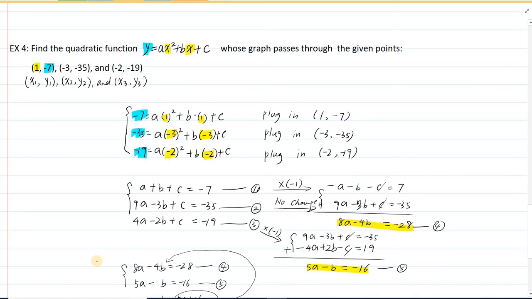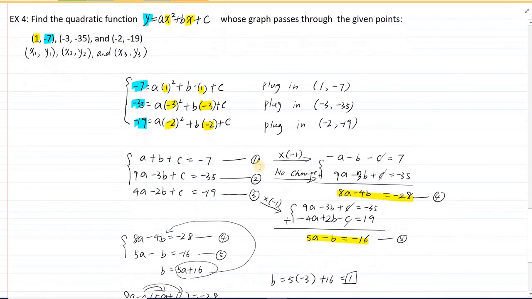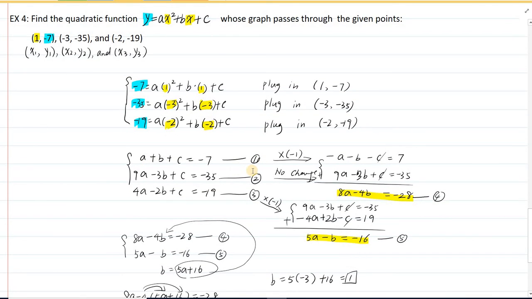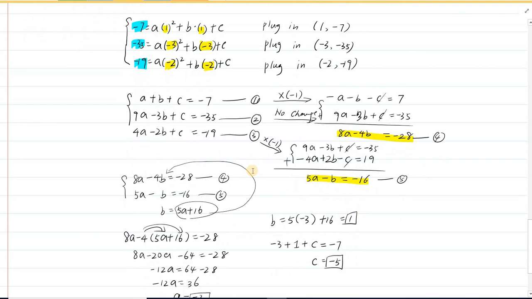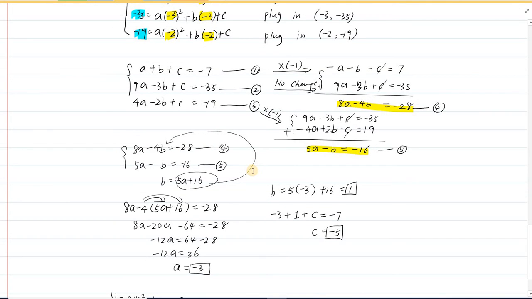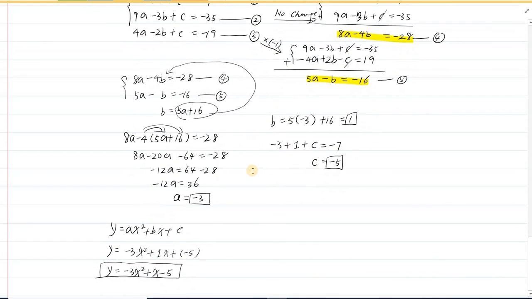You plug in your 3 ordered pairs, and then you rewrite this as a system with 3 variables. Instead of using x, y, z, you're going to use a, b, c, and then you just solve it whatever method you prefer. Once you solve for a, b, c, you have to plug back inside this quadratic function form, and then write your final answer.